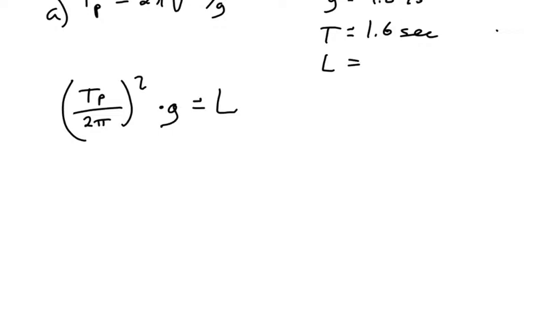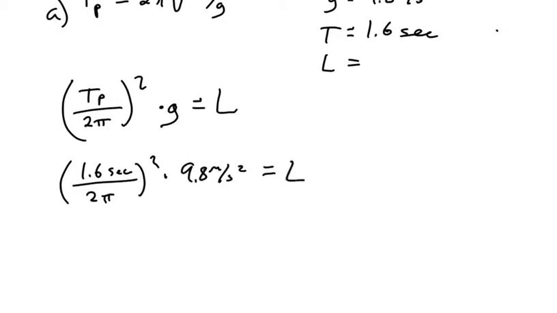And so I can plug in for each of those values. So I have 1.6 seconds divided by 2 pi, squared, times g, which is 9.8 meters per second squared, gives me L. And so for L, I get a value of 0.635 meters.